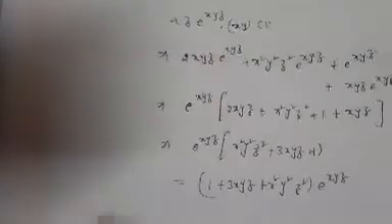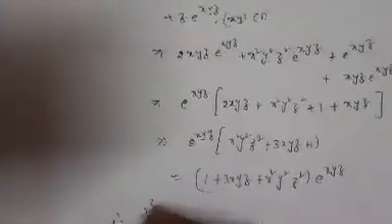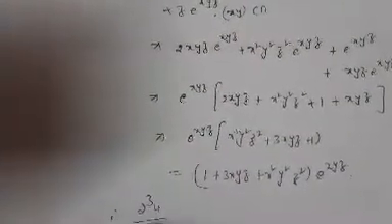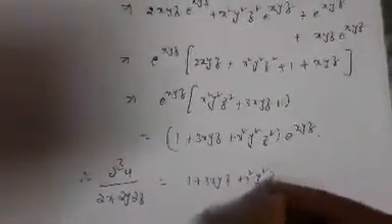So this is the value of ∂³u/∂x∂y∂z. Therefore ∂³u/∂x∂y∂z equals 1 plus 3xyz plus x²y²z² into e^(xyz). So this is the value for the given function u equal to e^(xyz). So hence the solution.